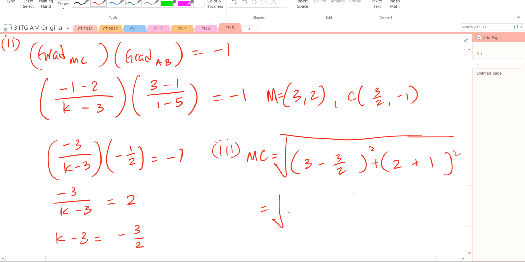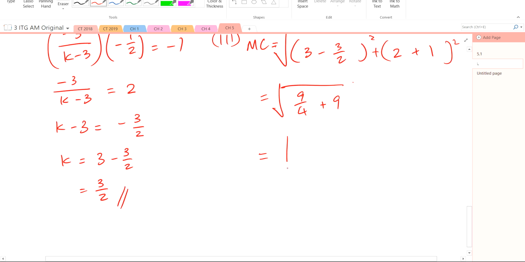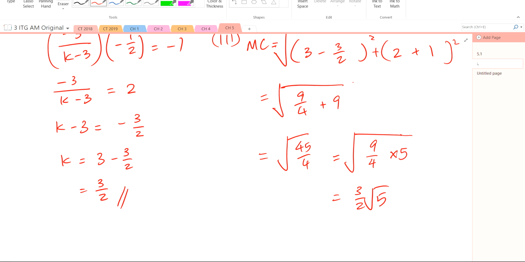So here we have 3 over 2 square, which is 9 over 4 plus 9, which is 36 plus 9, 45 over 4. Yes? I can take out 9 times 5 over 4. Correct? So I get 3 over 2 square root 5. Surds. We've done this before. Square root 9 over 4? 3 over 2. This is the value of K.